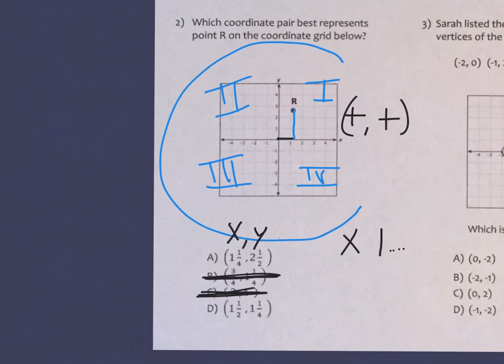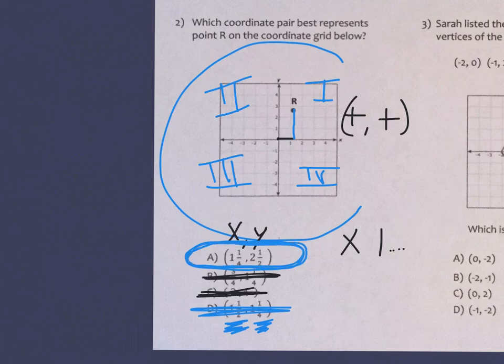In answer choice D, we run 1.5, which could be it. It's hard to tell. But we jump only 1.25. We only jump a little bit past 1. And clearly we see we're jumping past 2. So it's not answer choice D. It must be answer choice A.